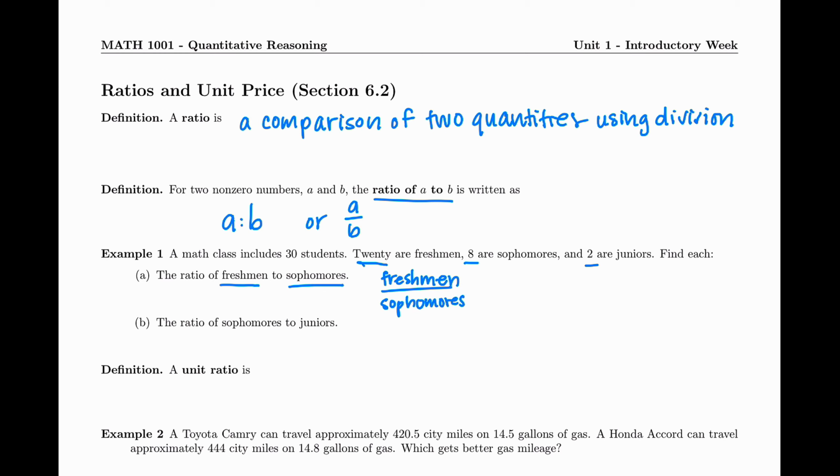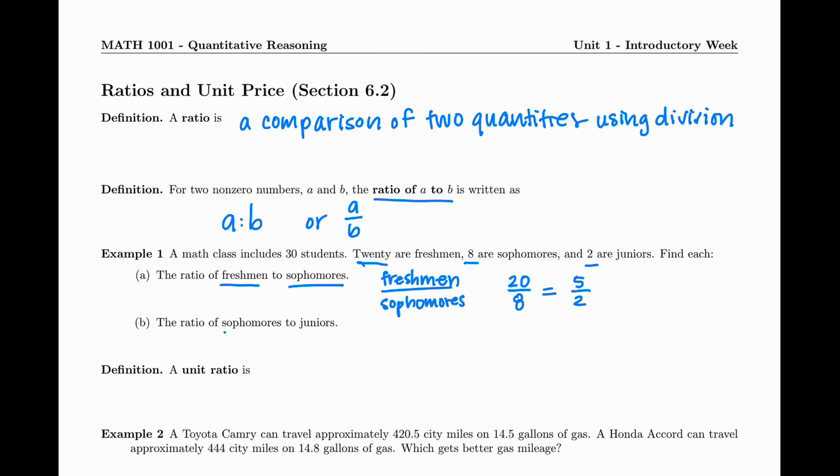So freshmen over sophomores, there are 20 freshmen and 8 sophomores. So the ratio is 20 to 8. However, this can be simplified. I noticed that both of these numbers are divisible by 4. So if I divide them both by 4 and put this in simplest form, 20 divided by 4 is 5, 8 divided by 4 is 2. So the ratio of freshmen to sophomores is 5 to 2.